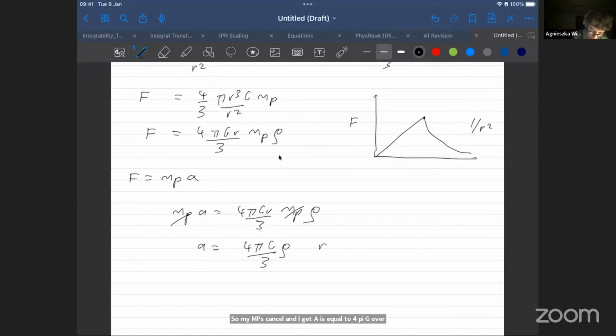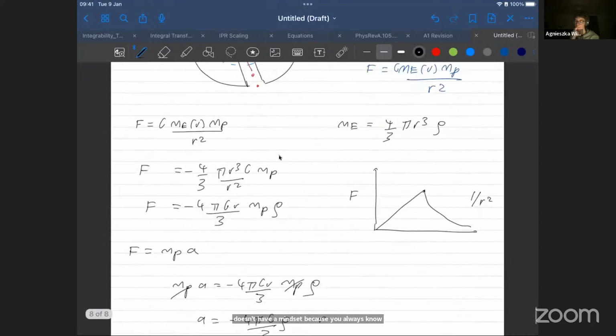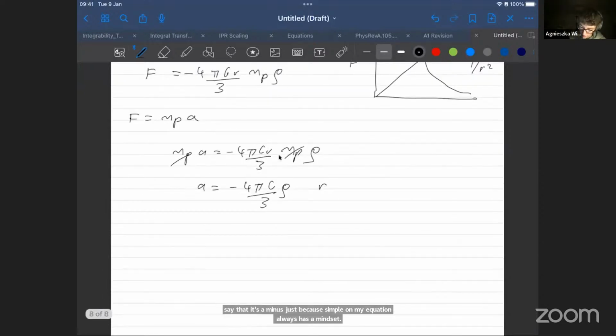Actually, sorry, I should probably have a minus here because of what I've just explained. The force that you get using Newton's law at A-level doesn't have a minus sign because you always know the direction is towards. But for the purpose of keeping it looking like simple harmonic motion, I'm going to say that it's a minus, because simple harmonic motion always has a minus, and I know this is simple harmonic motion. So this is what my acceleration is equal to.